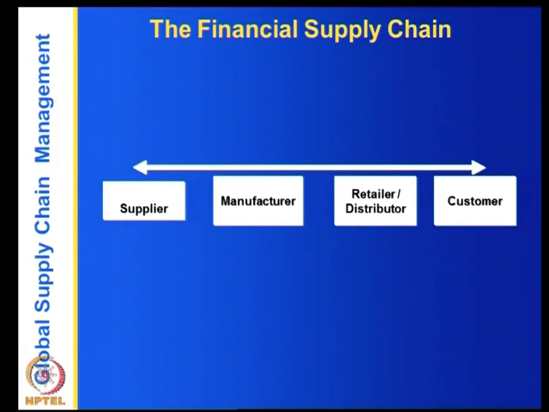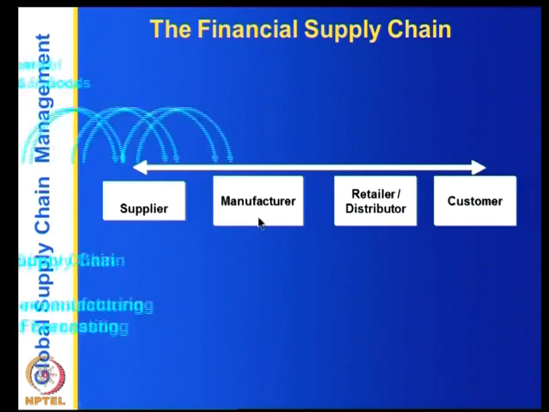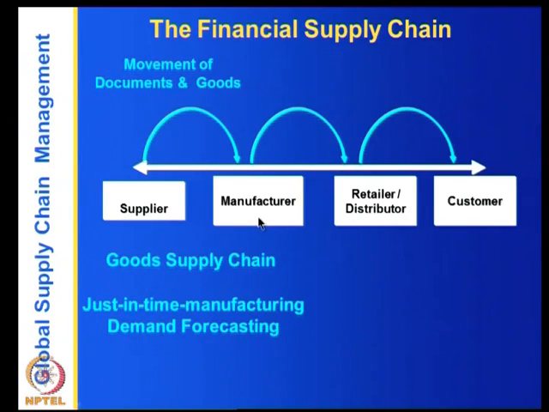In other words, as the material flows, value is added to the product: supplier to manufacturer, manufacturer to retailer, and retailer to customer. But what happens to the finances? The movements of documents and goods happen in a forward direction. So there are things like demand forecasting, how many products the customers want, and so on.